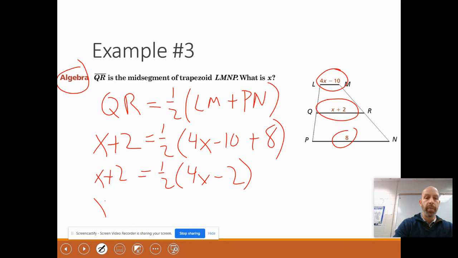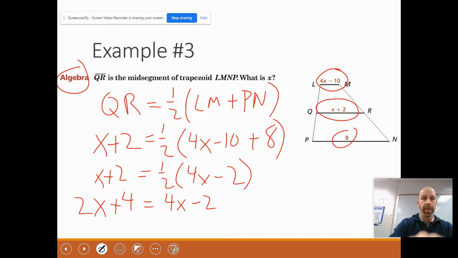Now I'm going to go ahead and multiply both sides by 2. So when I multiply the left side by 2, I get 2x plus 4 using the distributive property. When I multiply the right side by 2, the 1/2 becomes 1. And so we're getting closer here. I'm running out of room. I'm going to move this up here.